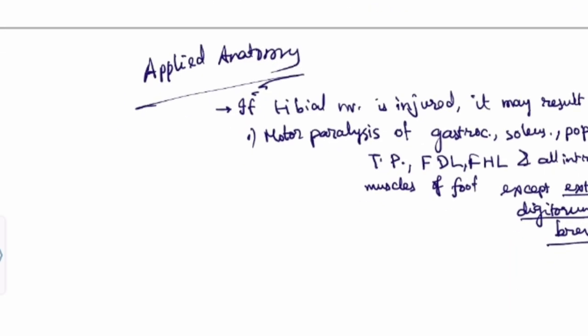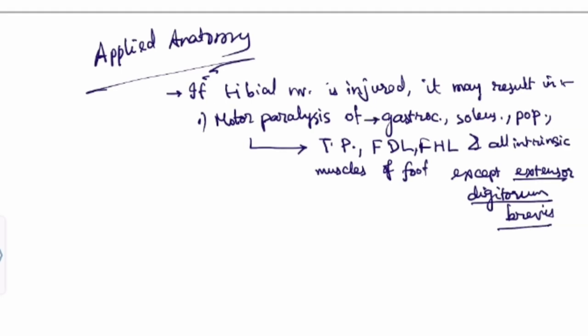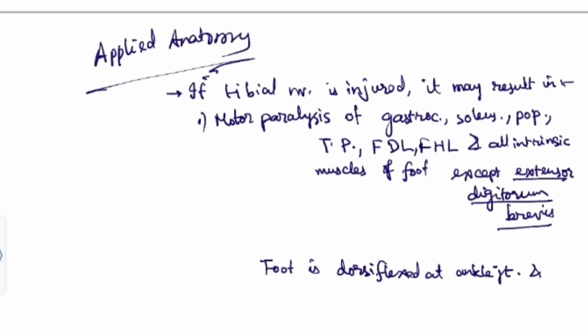What happens as a result of this motor paralysis? As a result, the foot is dorsiflexed at the ankle joint and held in eversion due to unopposed action of the peroneus muscles, and of the other anterior muscles like tibialis anterior, which are mainly supplied from the common peroneal nerve.